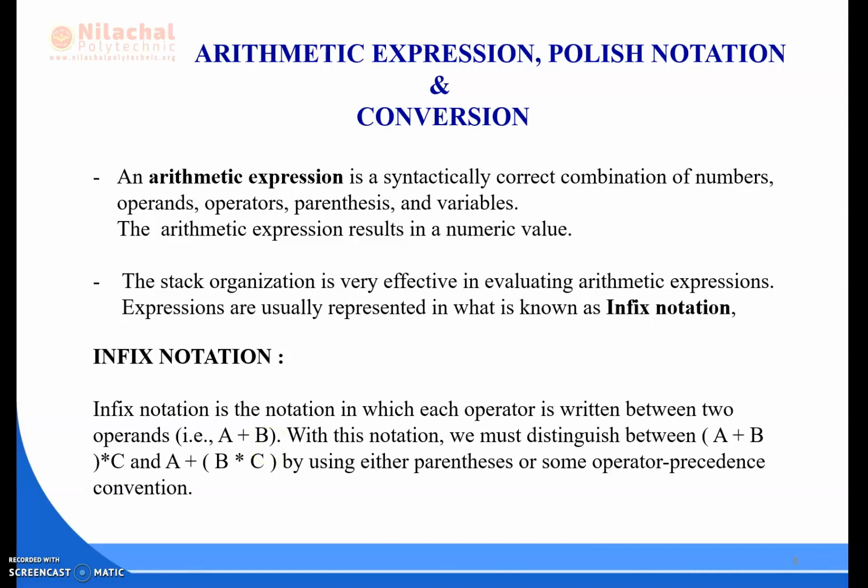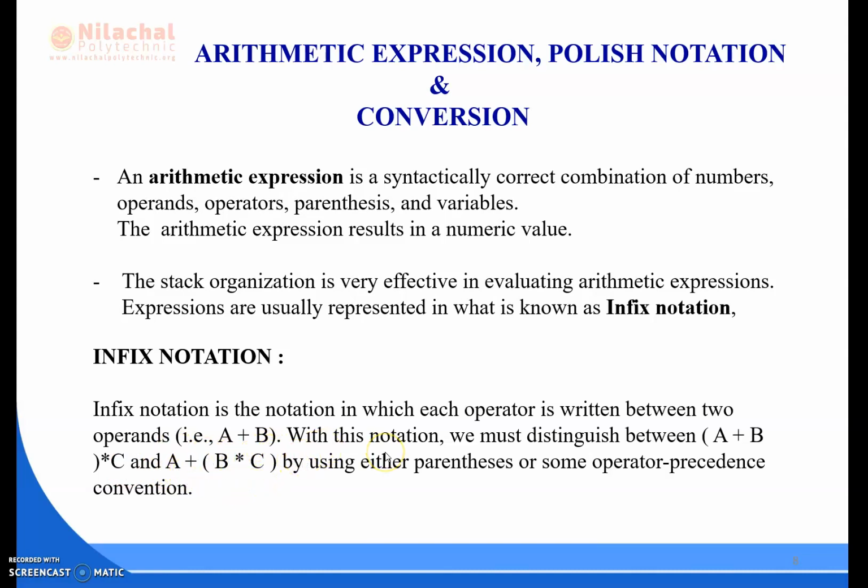With this notation, we must distinguish between two forms. These two forms can be expressed as either the a plus b term is in parentheses and the outside term is multiplied by c, or it can be written as a plus, and b multiplied by c is in parentheses.